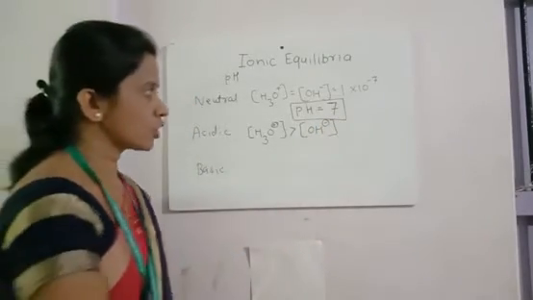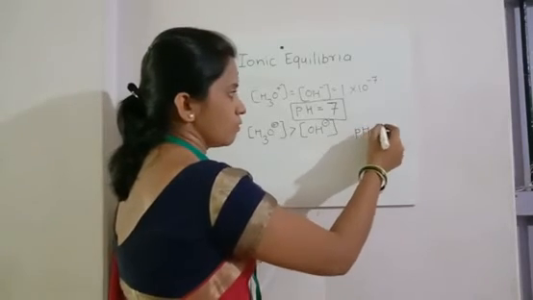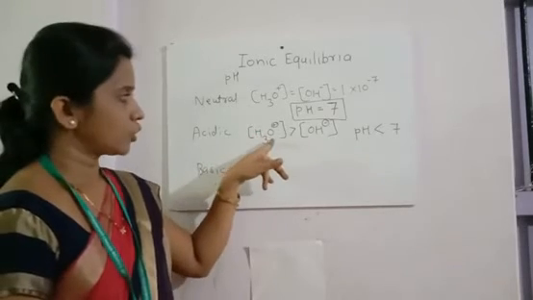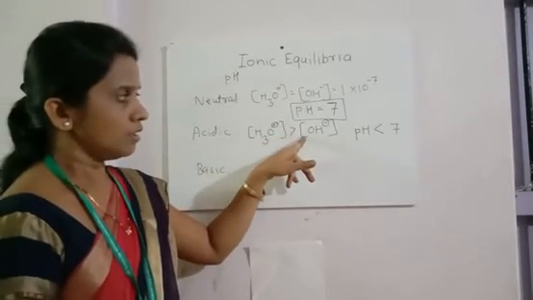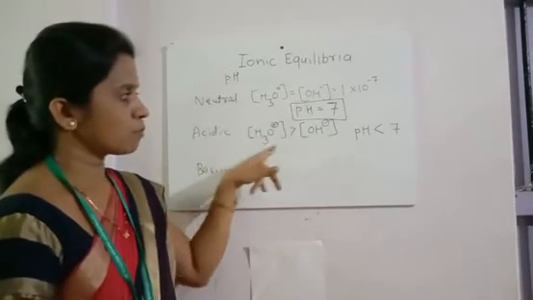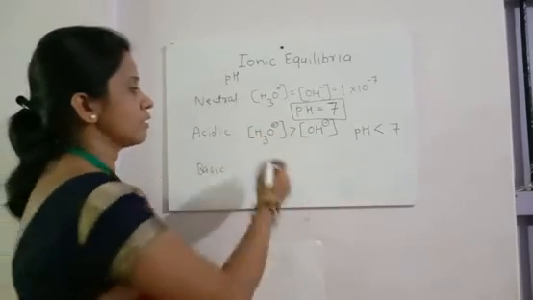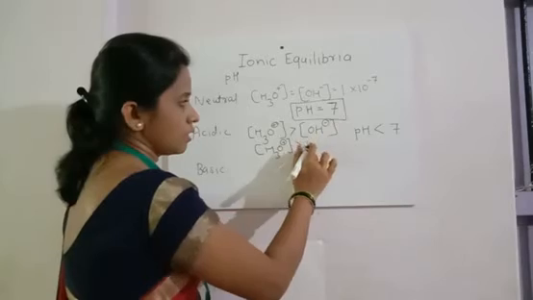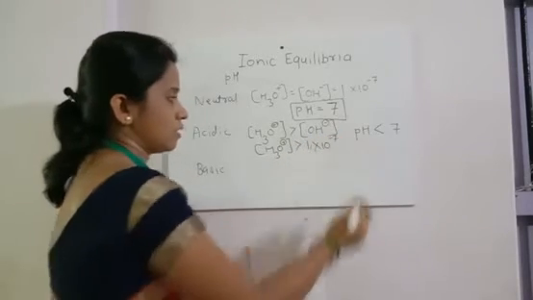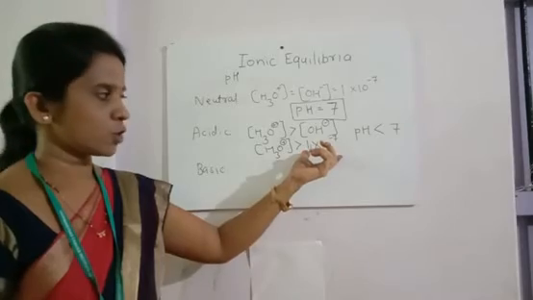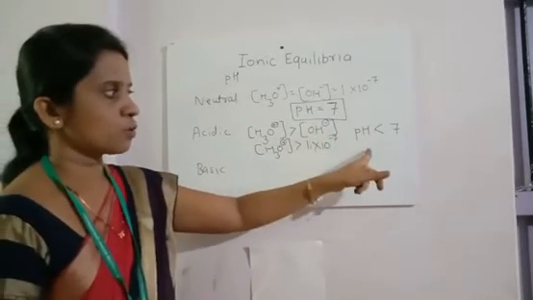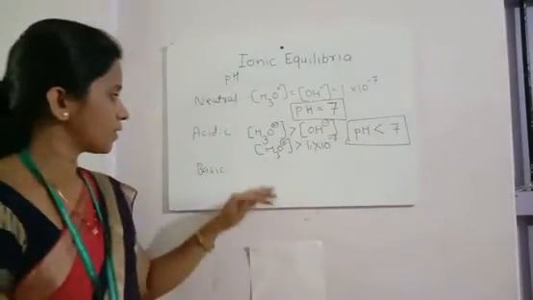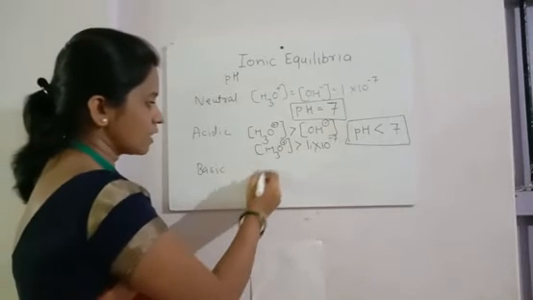So for an acidic solution, the pH will be less than 7, because the H3O plus ion concentration is more than 1 into 10 raised to minus 7.